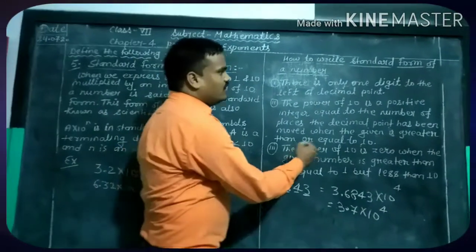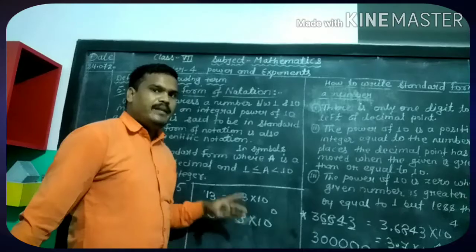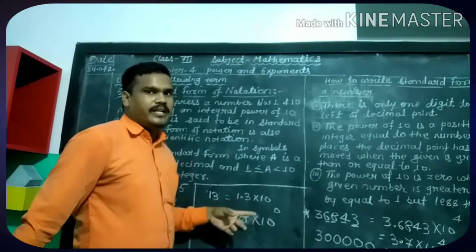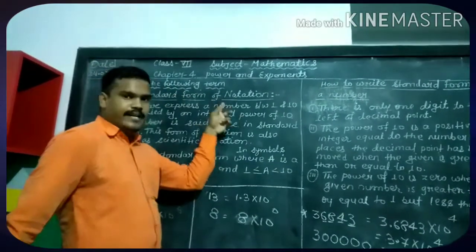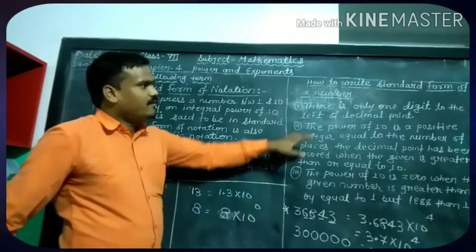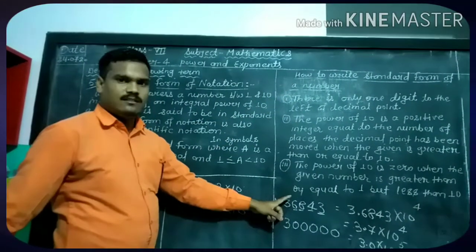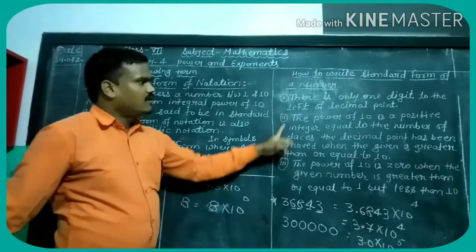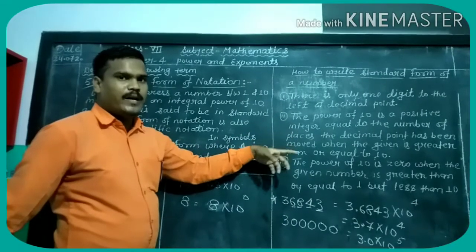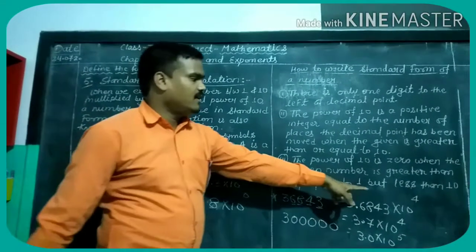we have to count the digits, which means every number can be represented in standard form. How will you represent it? The first point is clear: there shall be one digit before the point. Second, as many places as you have moved the point, give the power the same number.